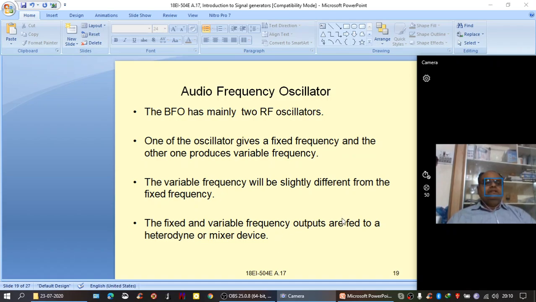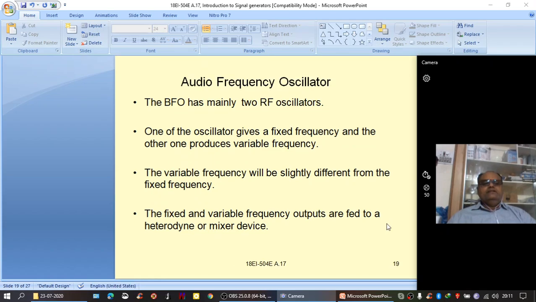From that, you will get two frequency signals, F1 plus F2 and F1 minus F2. Then those two signals are given to a low pass filter. The low pass filter allows only the F1 minus F2 signal and blocks the F1 plus F2 signal. Then that F1 minus F2 signal is an audio frequency signal and the output of the BFO, and that is given to the speaker assembly in order to hear the audio signal.